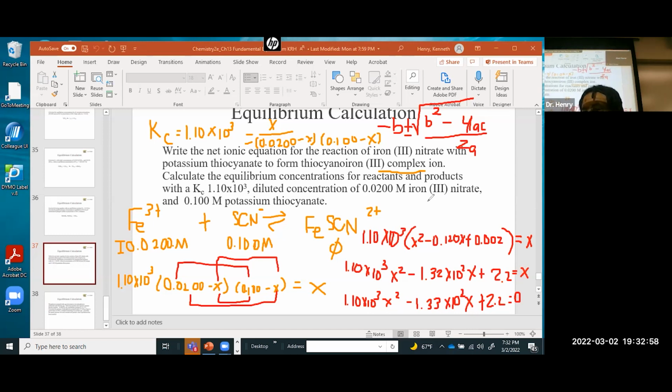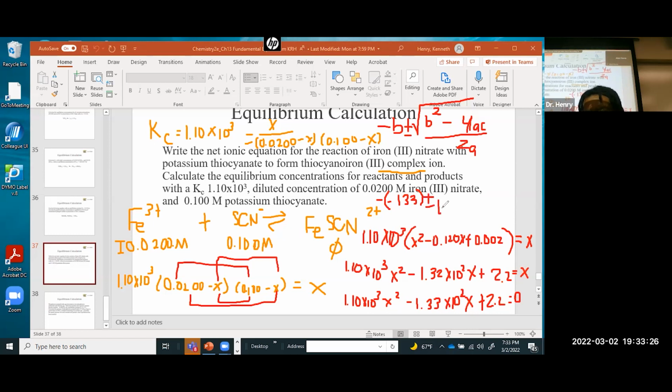So let's go ahead and plug in those values. So we get b is 133. So negative b would be negative 133.